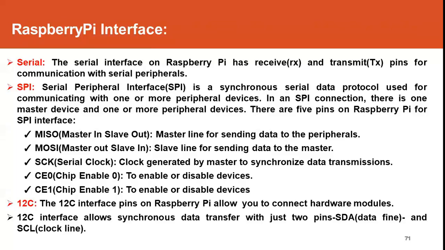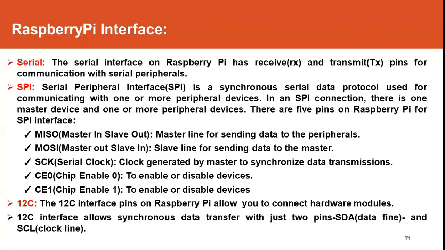There are 5 pins on a Raspberry Pi for making the SPI interface. Master in, slave out, which means the master line is for sending the data to peripherals. Then master out, slave in, where the slave will send the data to the master.